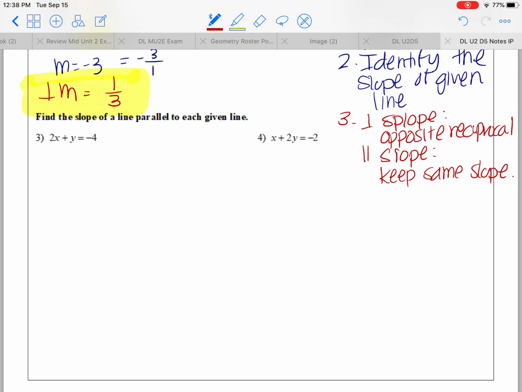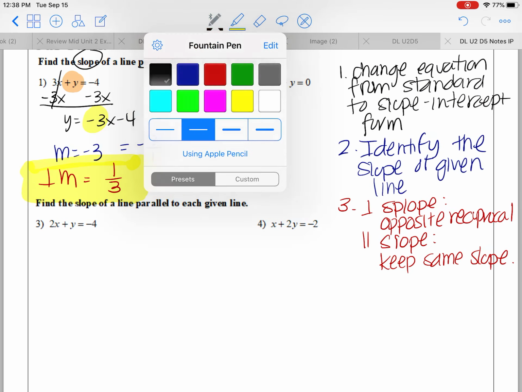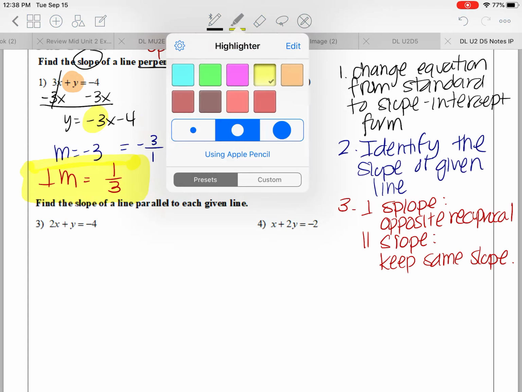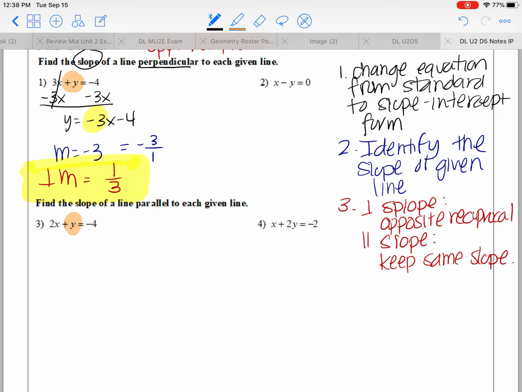Okay, so looking at this one, it says find the slope of the line parallel to the given line. I'm gonna follow exactly the same steps. Step 1, change the equation from standard to slope intercept form. I notice this is in standard. I gotta change it by solving for y. Cancel the x term. Y equals, I can combine, -2x minus 4, so list them horizontally. And then the next step will be to cancel the coefficient of y, but it's already a 1, so I'm done. So the slope here would just be -2.